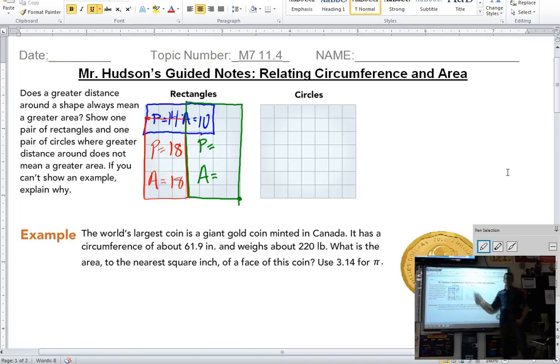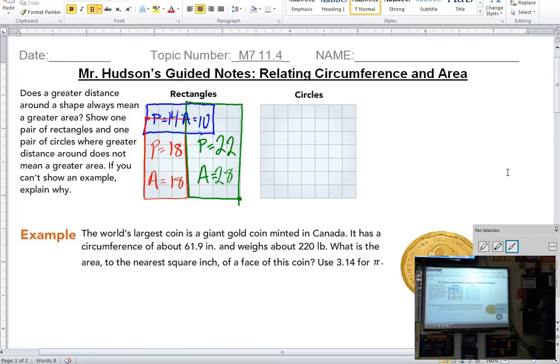If it's 4 by 7, I know that the length plus the width, 4 plus 7, will give me 11, and then I can double that to get my perimeter of 22. We then want to calculate the area, so we would do 4 times 7, and we get 28. So in my blue, my area was smaller. In my red, my area is the same as my perimeter. And in my green, my area is bigger than my perimeter.